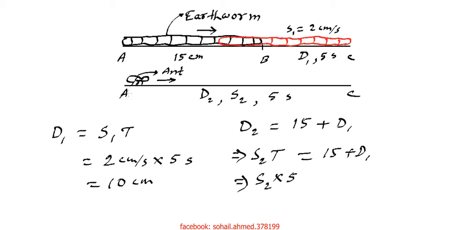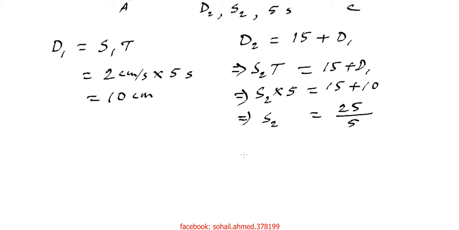At the same time, the ant travels from point A to point C, equals 15 plus 10. So s2 equals 25 by 5. Therefore s2 equals 5 centimeters per second.